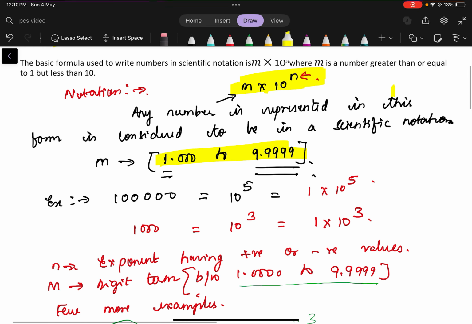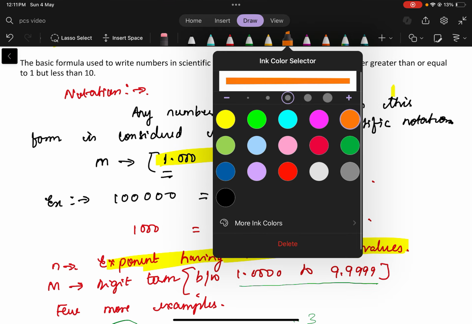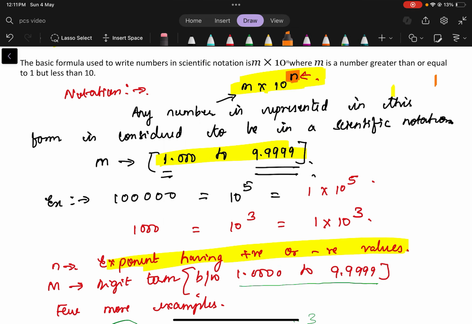And n is an exponent which can have positive or negative values, whereas m is the digit term, which has a positive value.